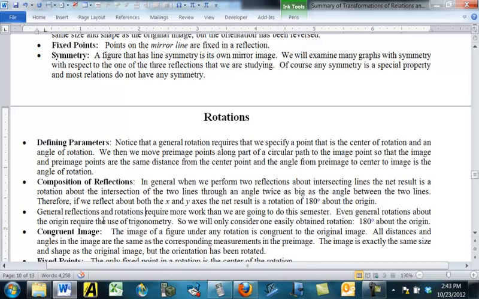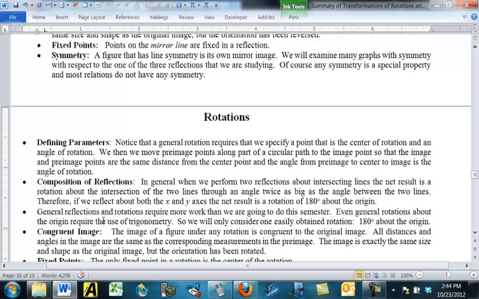So let's review real fast. Which ones map a congruent pre-image to a congruent image? It was, of course, the identity transformation, which doesn't do anything, boring. Then there's the translation, reflection, and rotation, or any combination of those, doing one and then the other. That will give you what we call rigid transformations or isometries, things that map a pre-image to a congruent image.